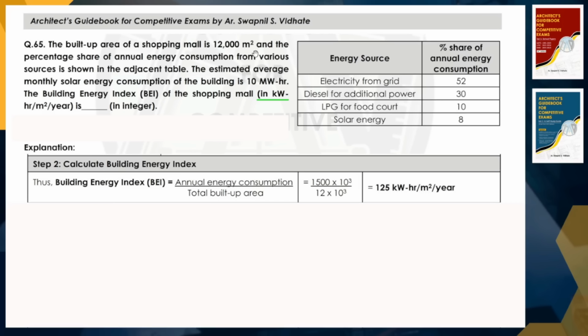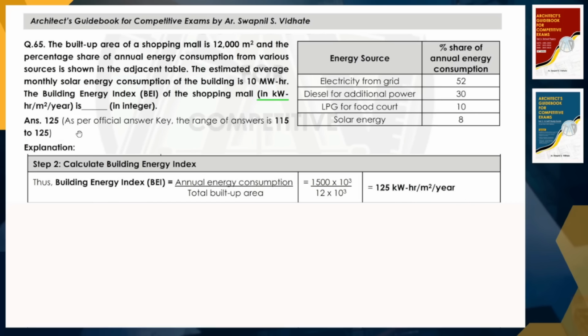So we can simply write 12 into 10 raised to 3. So the 10 raised to 3 will get cancelled. The calculation 1500 divided by 12 will give you a figure of 125 kilowatt hour per meter square per year. So this is the final answer which is expected.